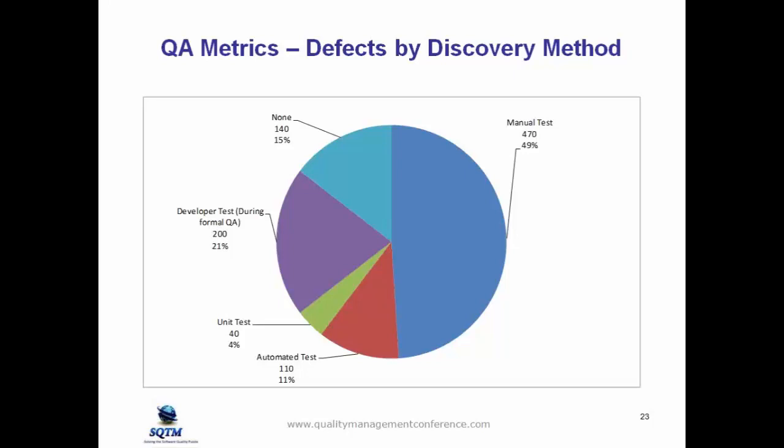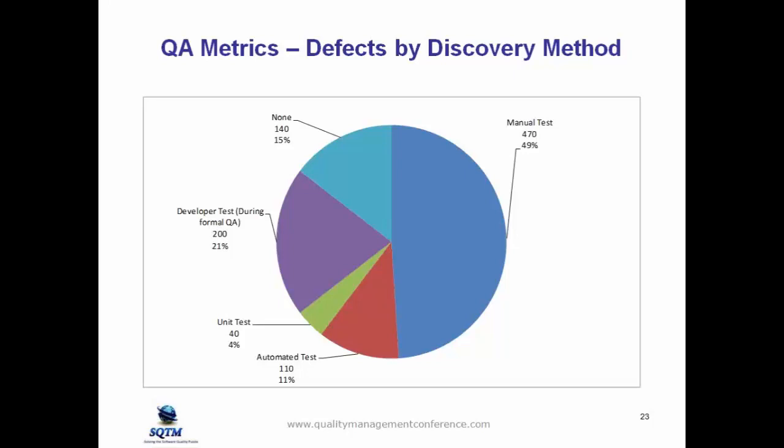Now, one of the examples that I use, let's say you've got an automated test team, and let's say it costs you $2 million a year to fund this team, and you were able to see that for this particular project, your automated test scripts only found 11% of the defects. Is that good or bad? Now, I'm just using that as an example.